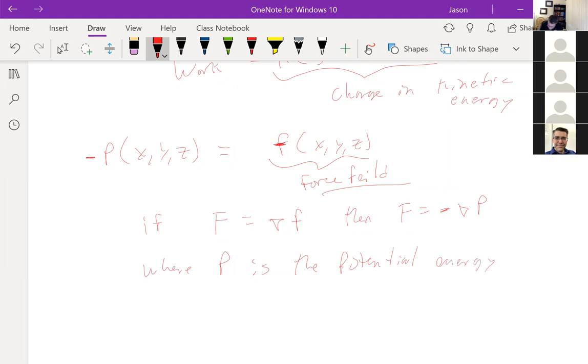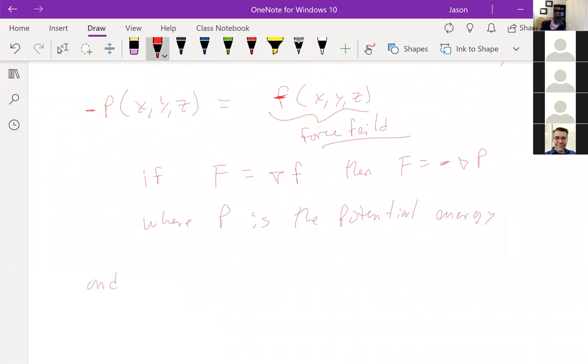Okay, and the work done over the force field, F dot dr, is equal to negative gradient of P dot dr. Nice.